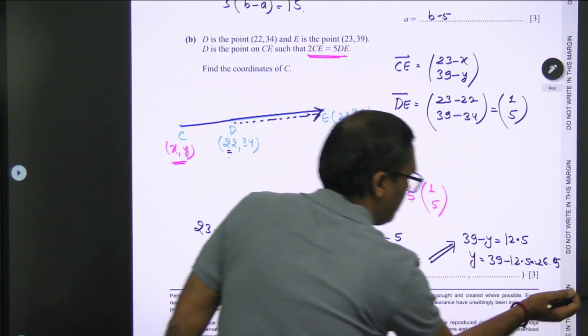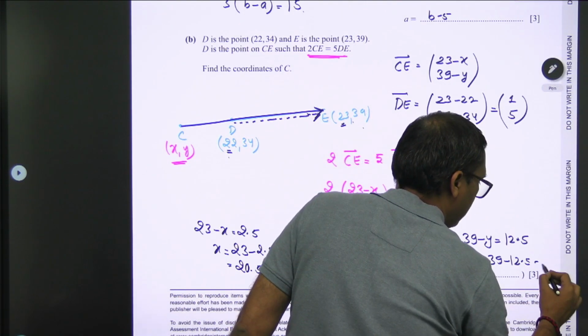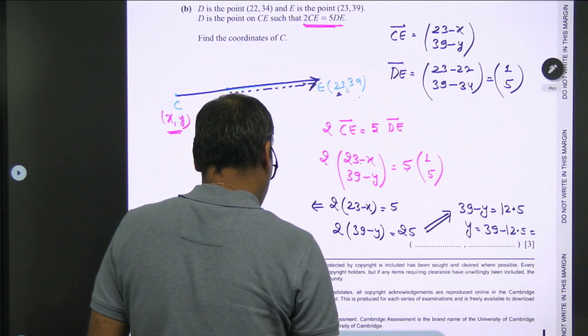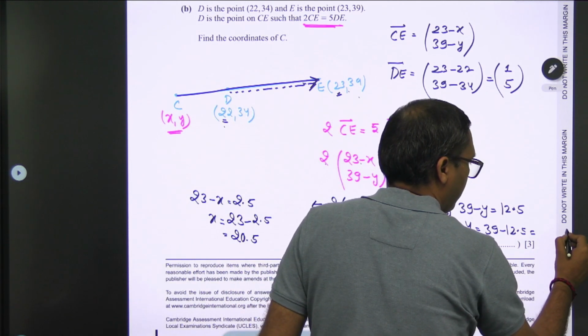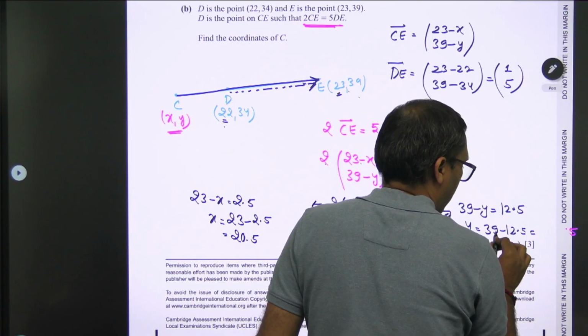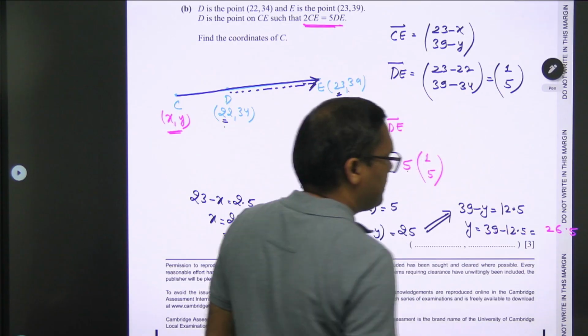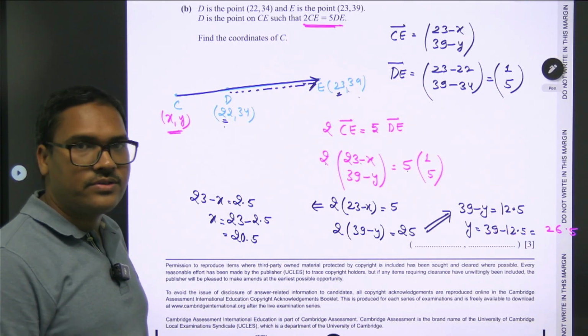Wait, let me do the calculations again. So this will become 0.5, and this is 8 minus 2, that is 6, and 3 minus 1, 2, 26.5. Yeah, so this is the answer, correct?